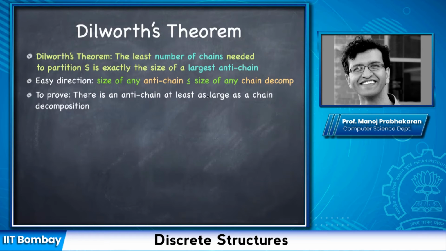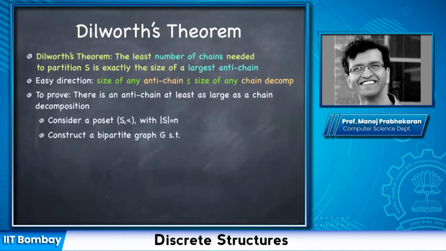Here is a plan. First, we'll construct a bipartite graph. So we're given some poset, and n is the size of the ground set. I'll use this symbol, less than or equal to, as the poset relation. We'll construct a bipartite graph with the following properties. If you give me a small vertex cover in this bipartite graph, that would translate to a large anti-chain in the poset.